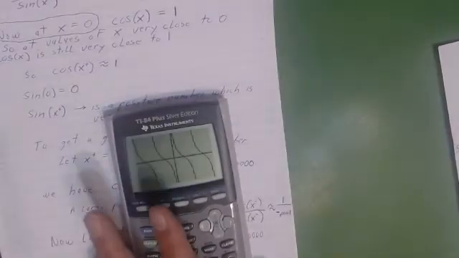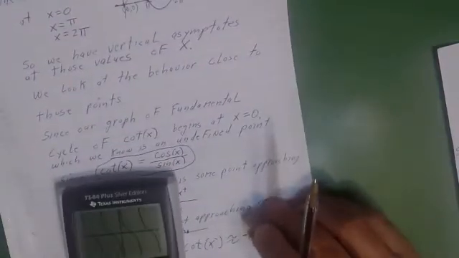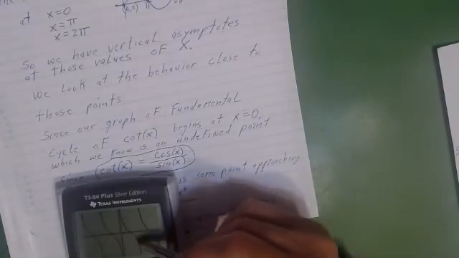And where does that occur? I know this is busy, but here's the function, cotangent of x. So where is it equal to 0? Which is the x-axis. When does this function cross the x-axis?